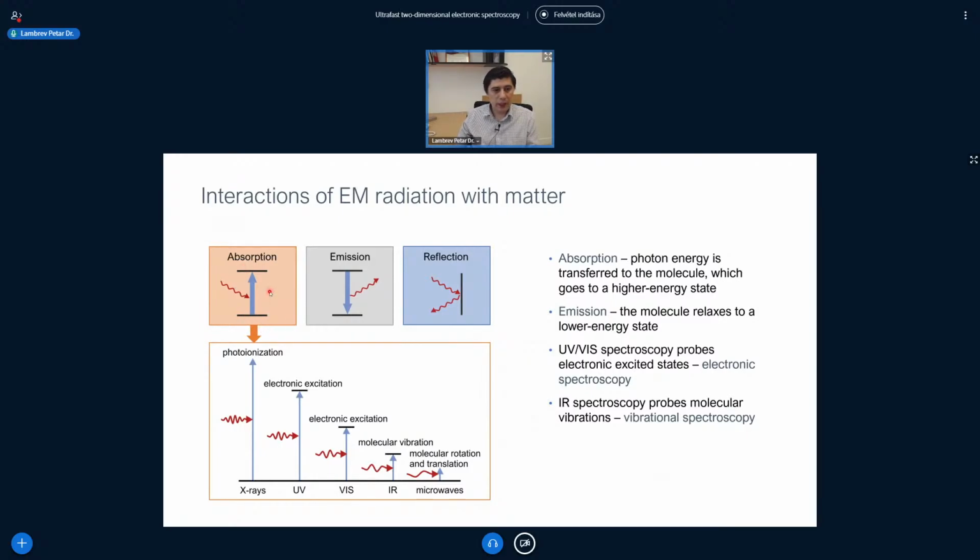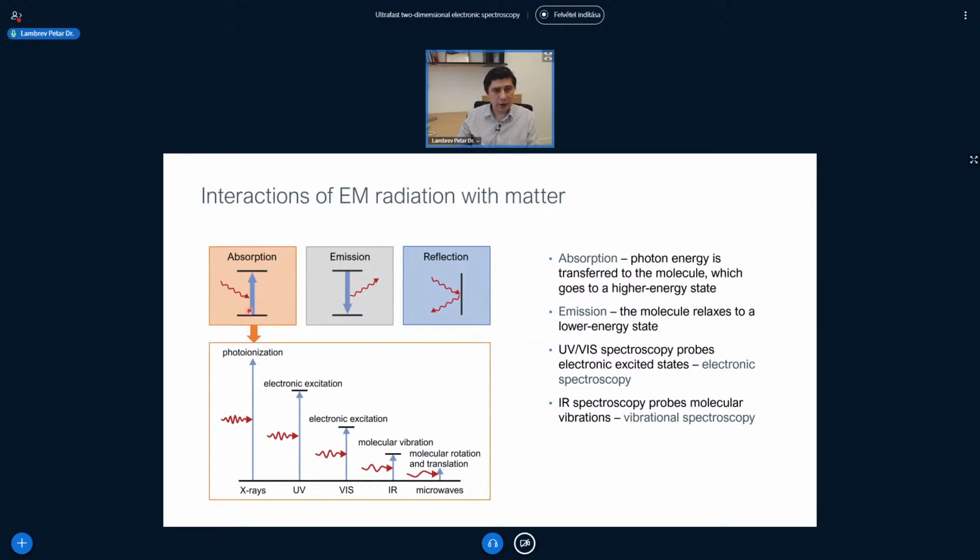So we know light is an electromagnetic wave, which can also be thought of as a ray of photons. And when a photon hits a molecule or an atom, it could be absorbed. What does it mean? It means that a transfer of energy happens.